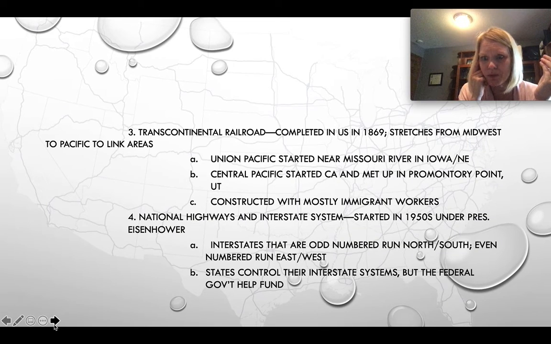Well, this is about that time, and so we see that most of the Transcontinental Railway was done with immigrant work that was very dangerous, often resulted in loss of limbs or loss of life, a lot of disease and things like that. And so keep in mind that immigrants truly helped build our country.